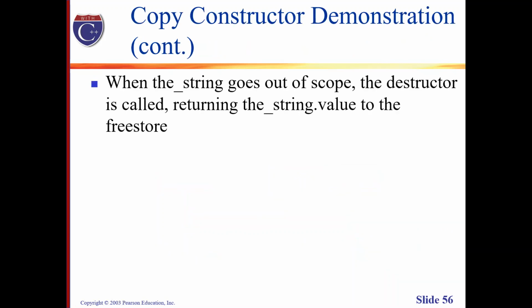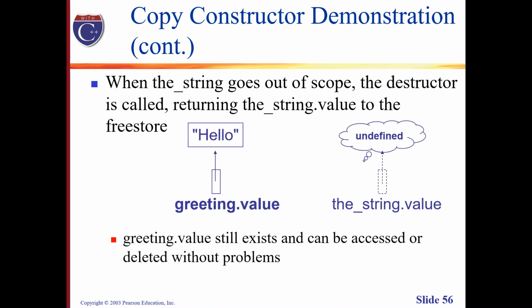When the string goes out of scope, the destructor is called, returning the string value to the free store. But of course, this would not affect the other variable, greeting, which contains its own copy of the data, which is in this case, the dynamic array, which contains the C string hello.